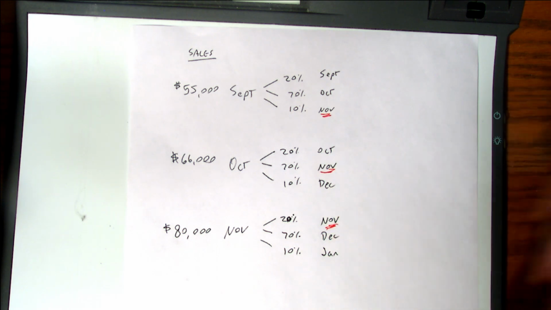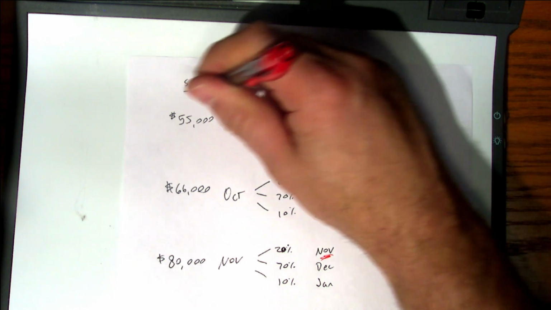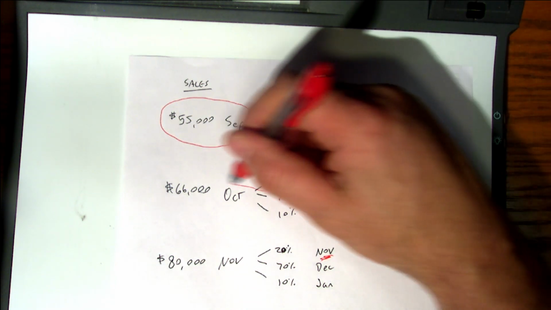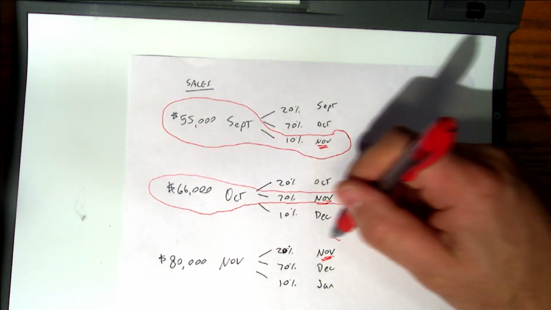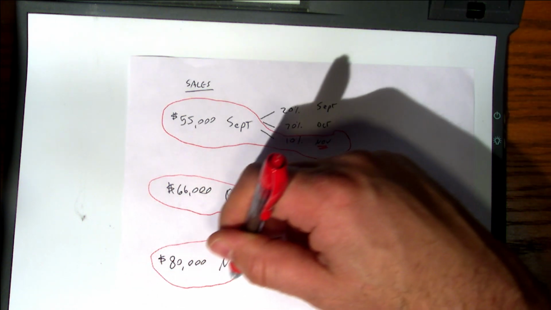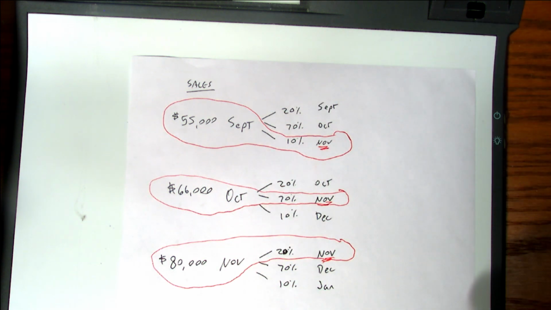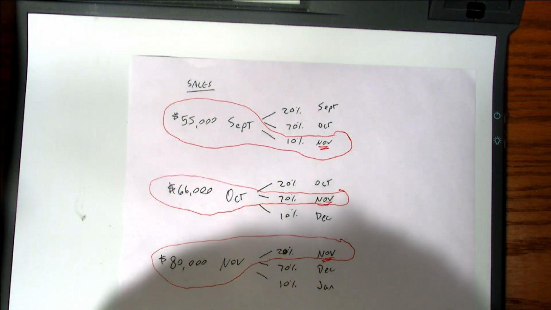So the cash receipts in November will be 10% of September sales of 55,000, 70% of October sales of 66,000, and 20% of November sales of 80,000. That's what will come in November. Do you agree?